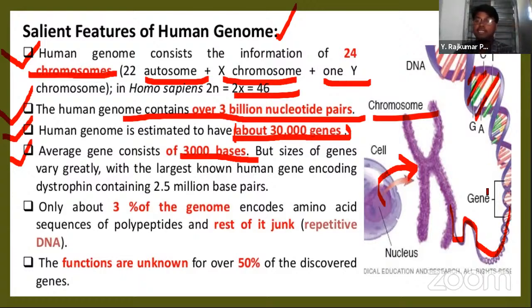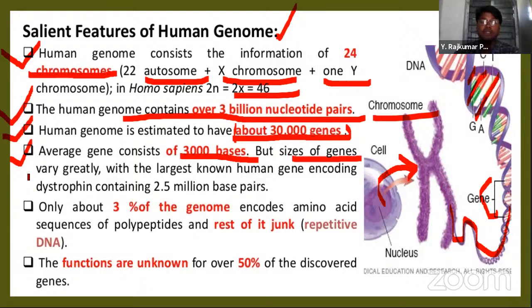Okay, so in that sense each gene contains around 3000 base pairs. It is called base pairs because they are made up of different nitrogenous bases. There are two types, purines and pyrimidines. Okay, so it has been formed by nitrogenous bases.